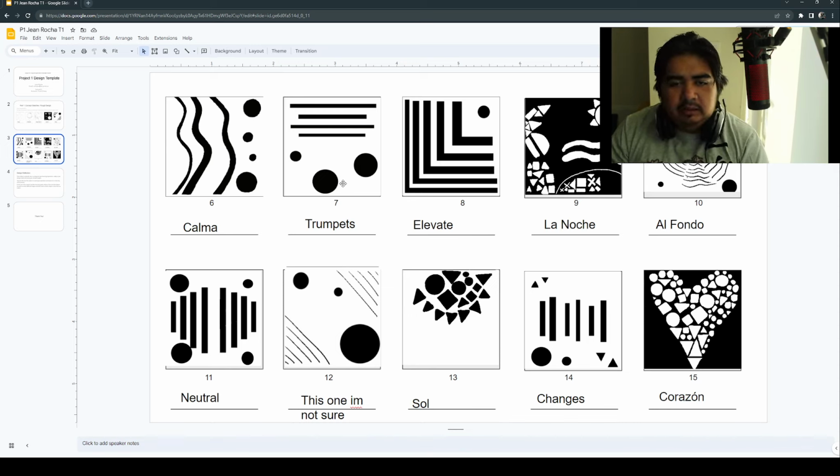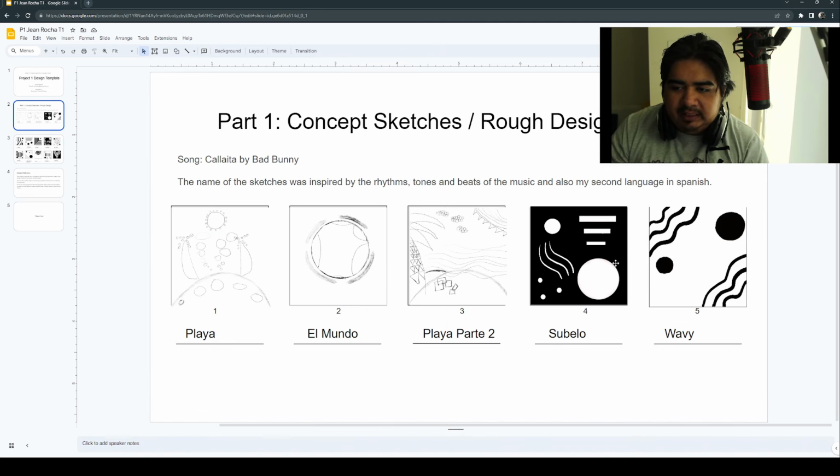Going on with this, most of these designs have a symmetrical and asymmetrical vibe. If I were to cut this in half, obviously you don't see the symmetry. But if you take out these lines and look at the sense of this image, I wanted symmetry.